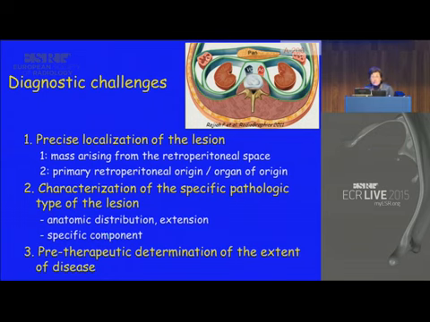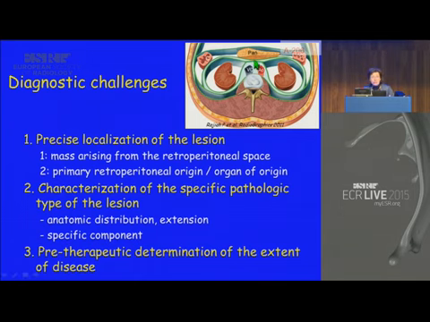Diagnostic challenges are numerous. They include, first, precise localization of the lesion, which may be either a primary retroperitoneal mass or a mass arising from a retroperitoneal organ, such as the kidneys, the adrenals, or the major retroperitoneal vessels or the pancreas.